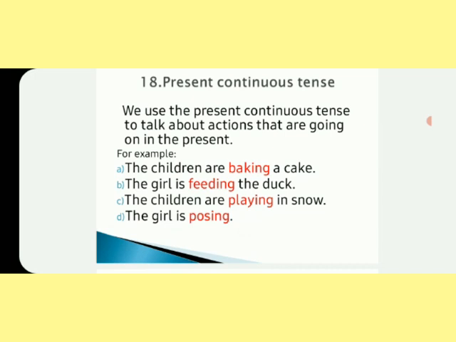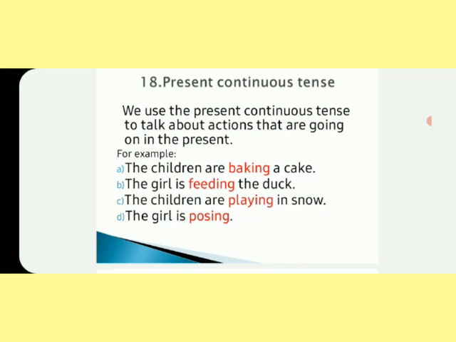So here, present continuous tense with the verb form ing. To the base form you have to add ing. Bake, baking. The girl is feeding the duck. Singular subject, the girl, so singular verb is.